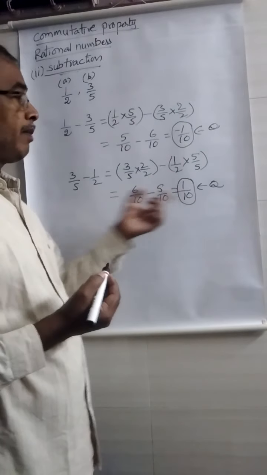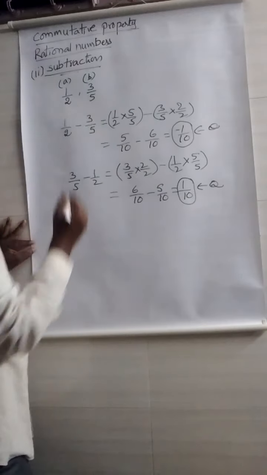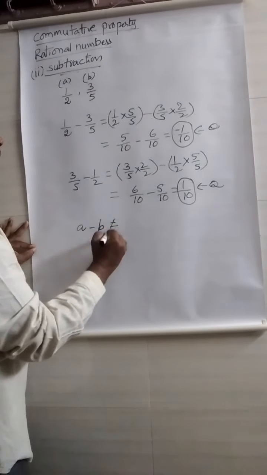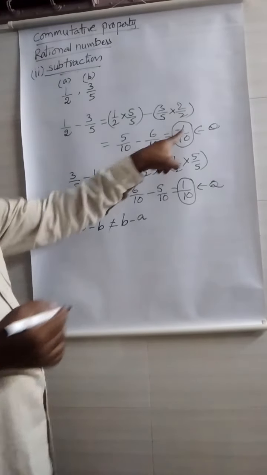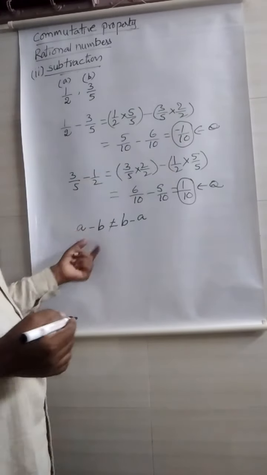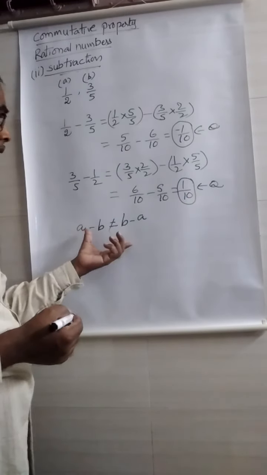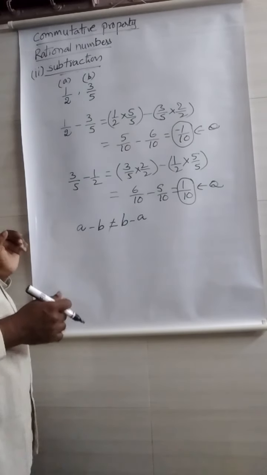Both are same? Not same. So here you name this as A, this as B. That means A minus B is not equal to B minus A. Because here A minus B gives minus 1 by 10, and B minus A gives 1 by 10. Both are not same. Hence we write A minus B is not equal to B minus A.